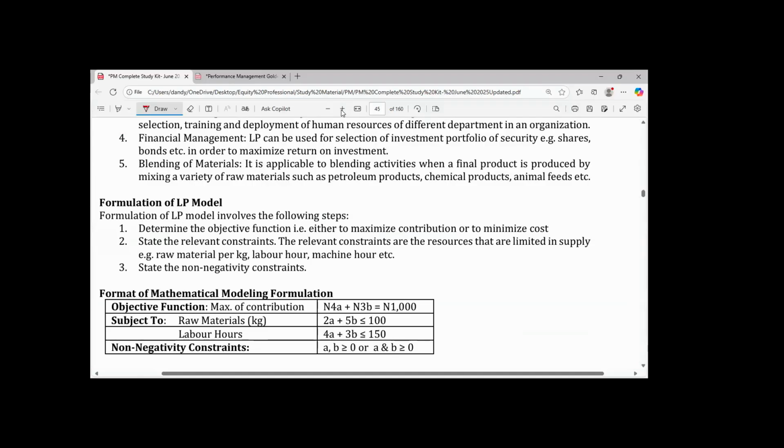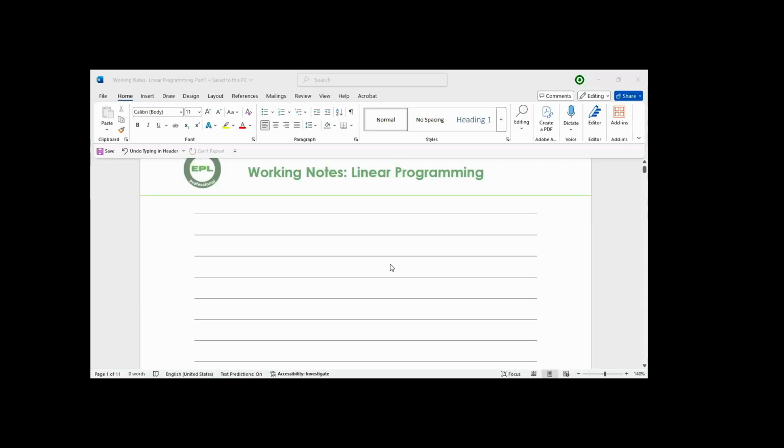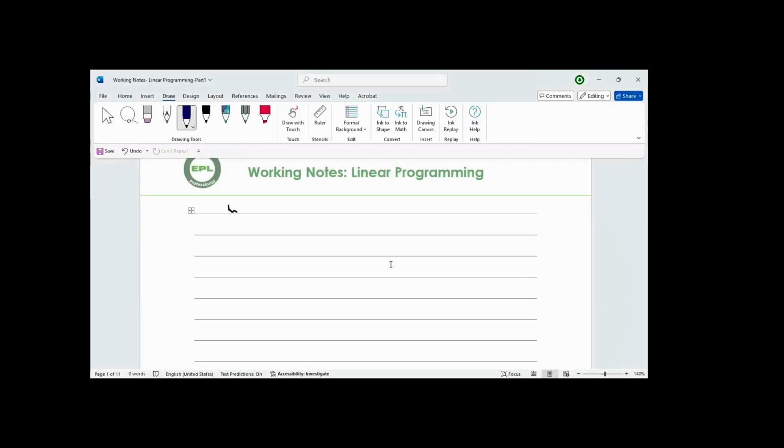Let me stop sharing this so that I can just show you. So to determine the optimal production plan using linear programming, the following procedures should be considered.